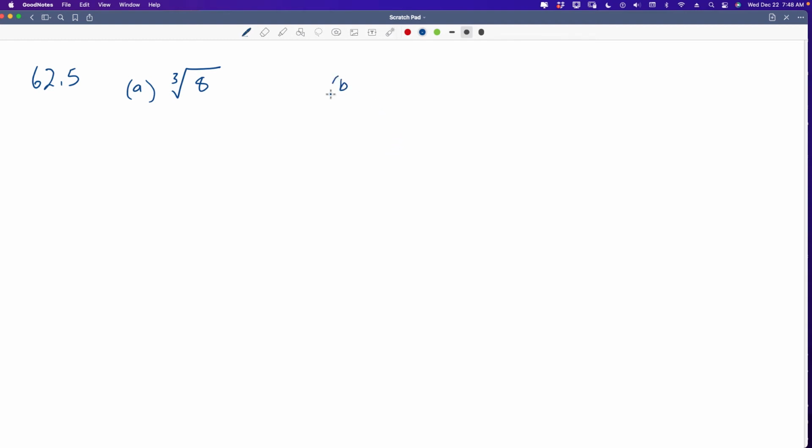And we need to solve the fourth root of 81. And we're asked to solve the cube root of negative 27. All right, look at that. There's a negative sign in the root, right? That means something. So we'll pay attention to that when we get to that one.